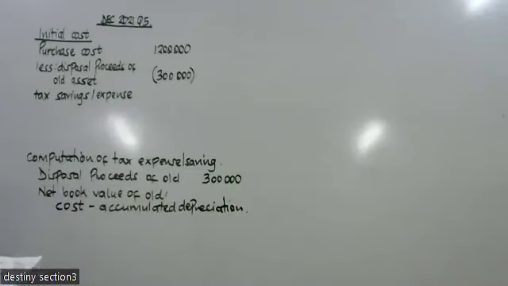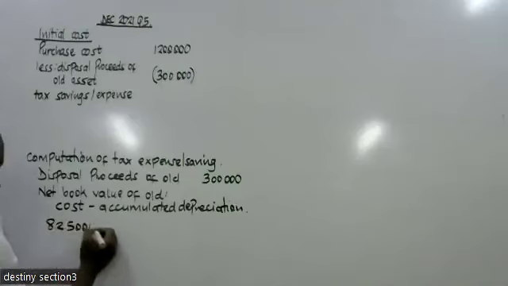The cost of that asset was 825,000. We need to determine accumulated depreciation. We take the depreciation per annum and multiply by the number of years that asset has been put in use.